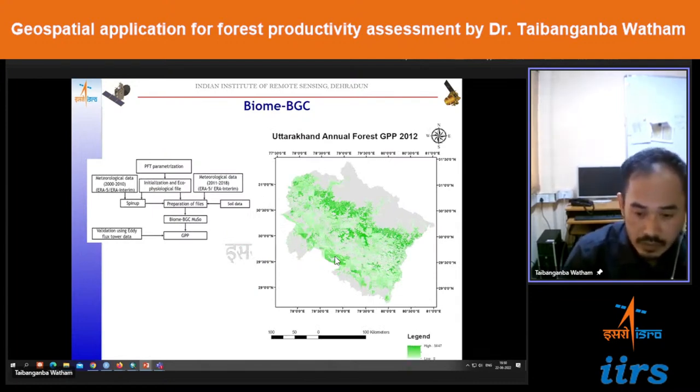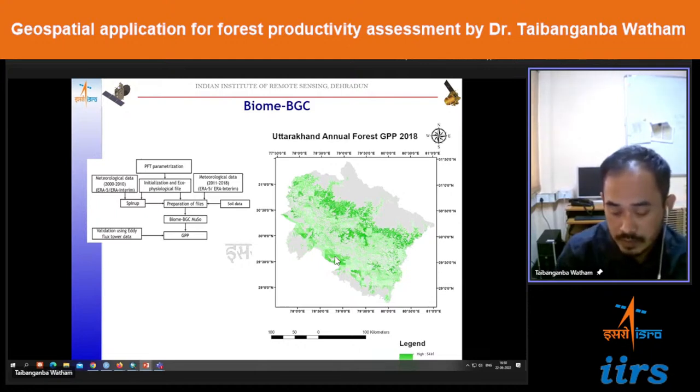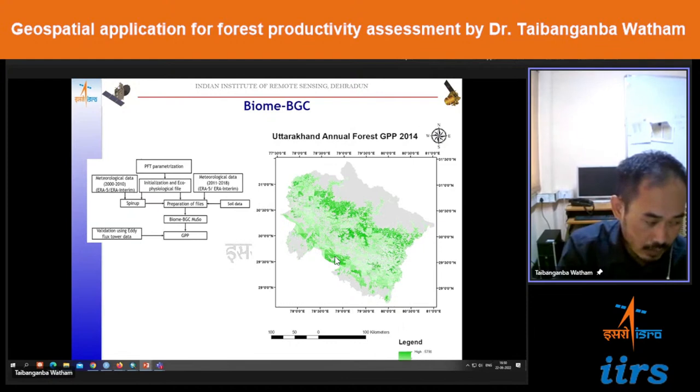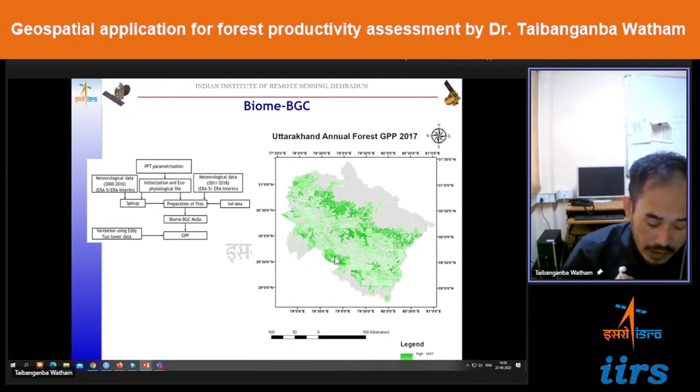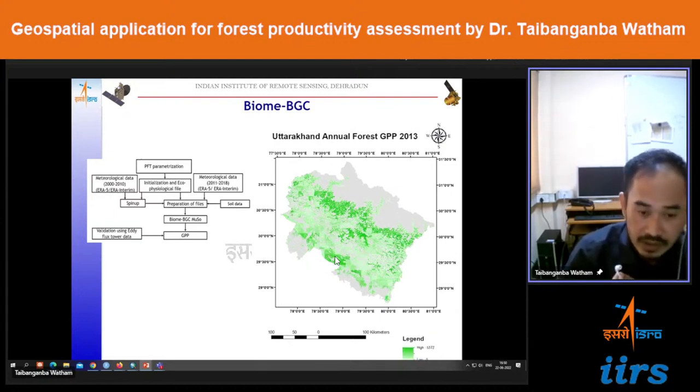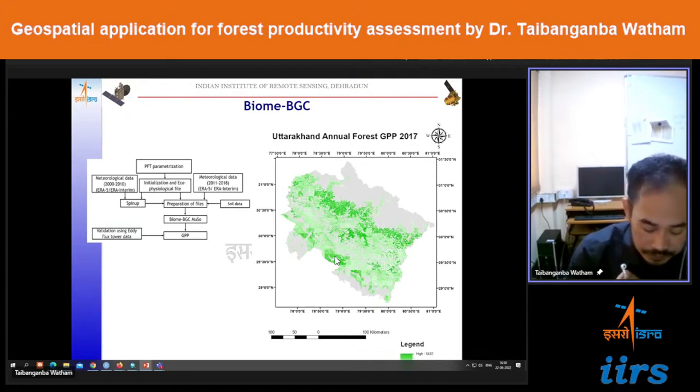Why I've shown this model, particularly the BioBGC model, is that this type of process-based or biogeochemical model can be used for studying how a possible future climate change scenario is going to affect the productivity. Already from the RCP, or from the IPCC, we have the scenarios they have generated, like how the temperature is going to change, how the CO2 concentration is going to increase.